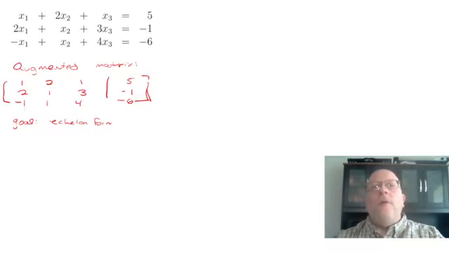So is this in echelon form right now? And the answer is no. My leading entries do not move left to right. And the first entry that violates the rule is the 2. So this is not in echelon form.